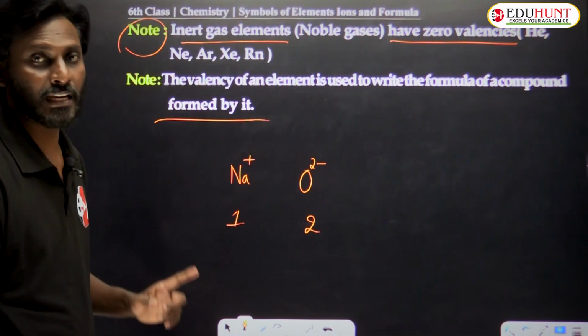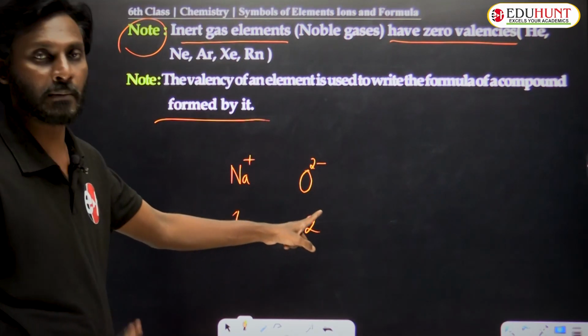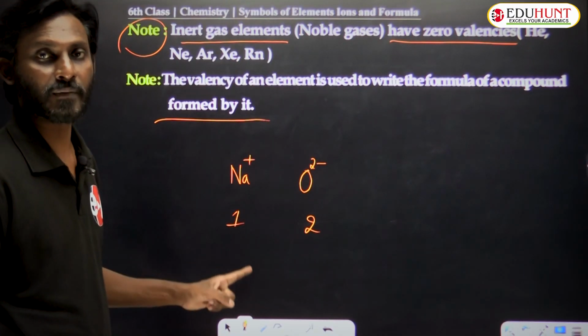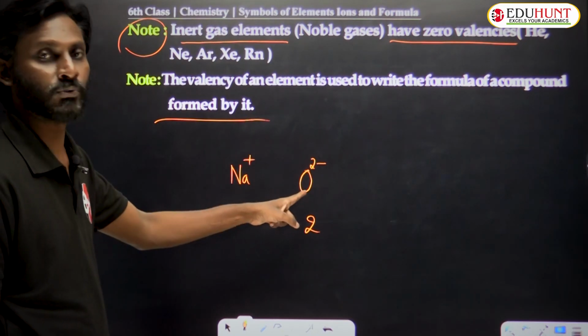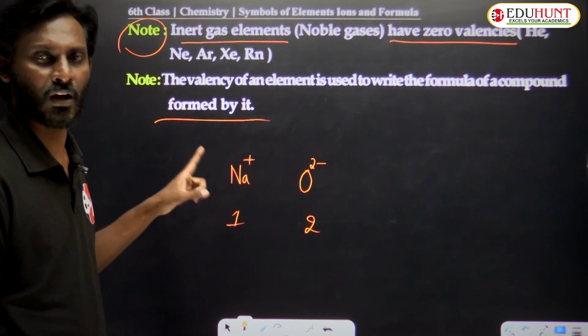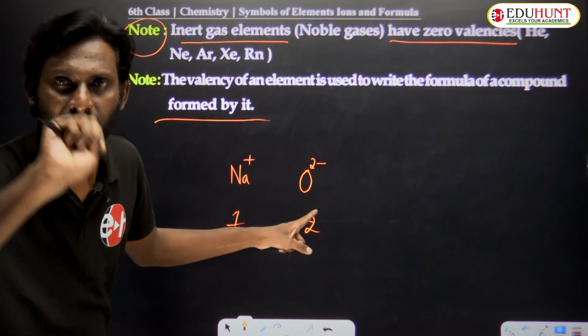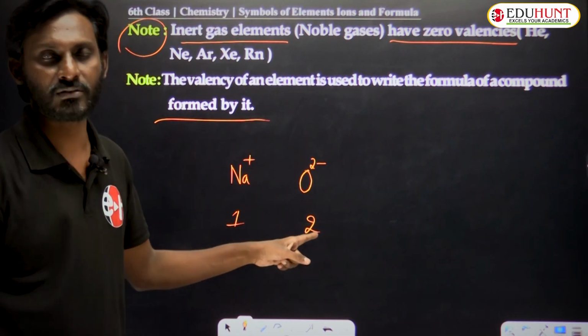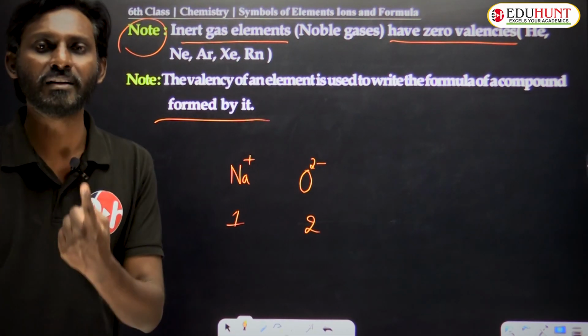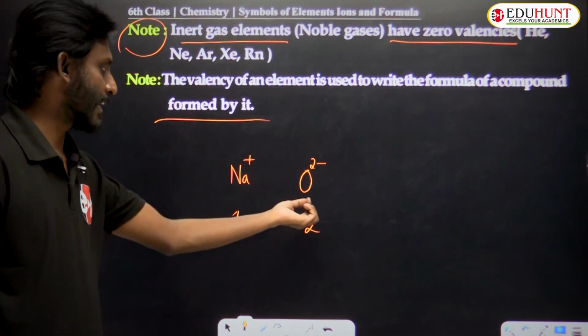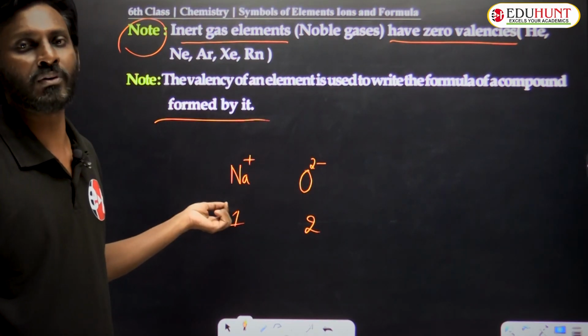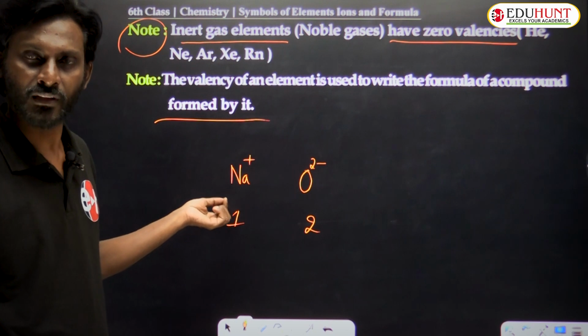That means the combining capacity of oxygen is double that of sodium. It means to combine with 1 oxygen, we need 2 sodium. Oxygen needs 2 electrons. Sodium can give only 1 electron. So, to satisfy oxygen, we need 2 sodium.